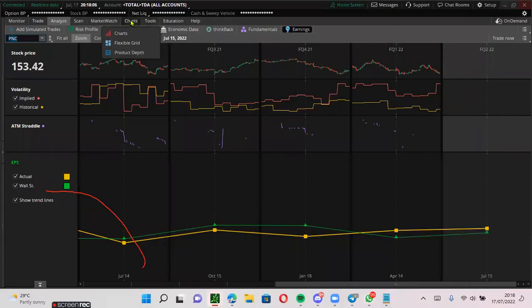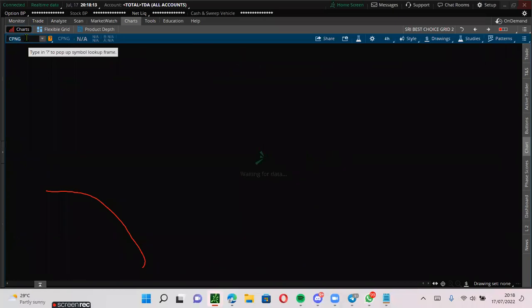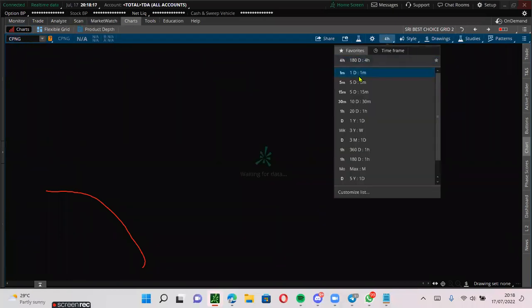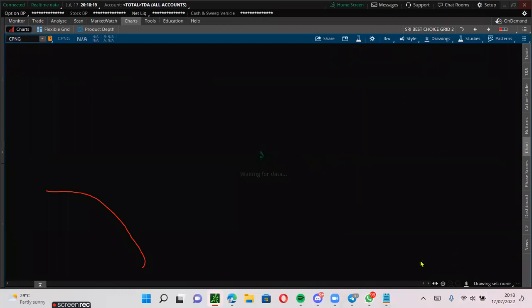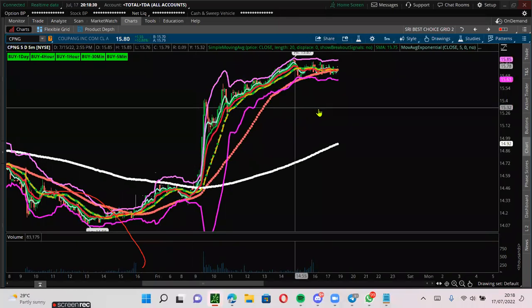Let's see in our chart. CPNG came up in a couple of my scanners too. I'll change it to 5 minutes and see. Yeah, it's breaking out.